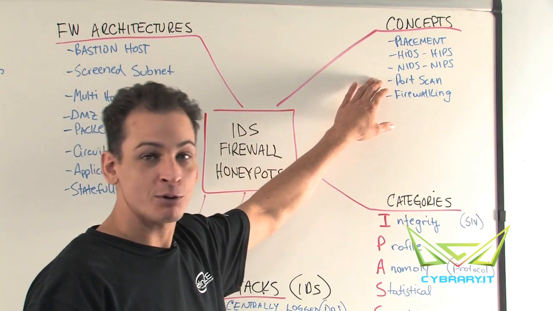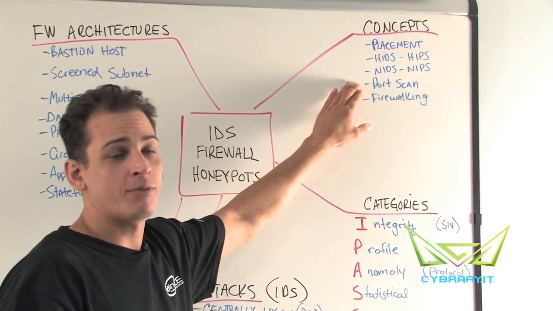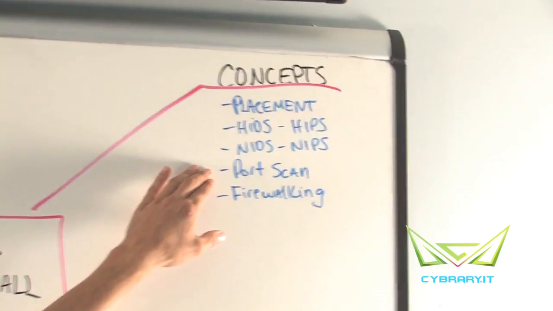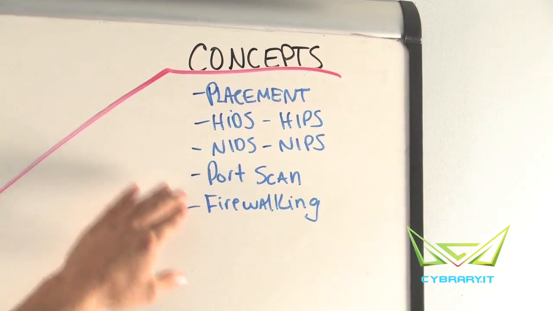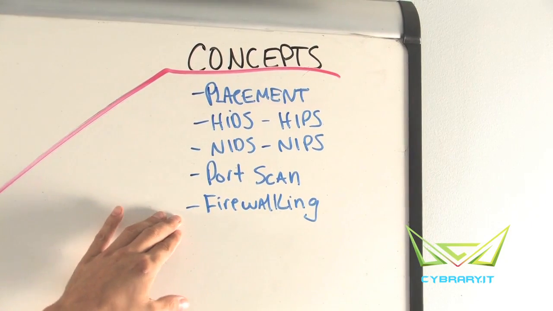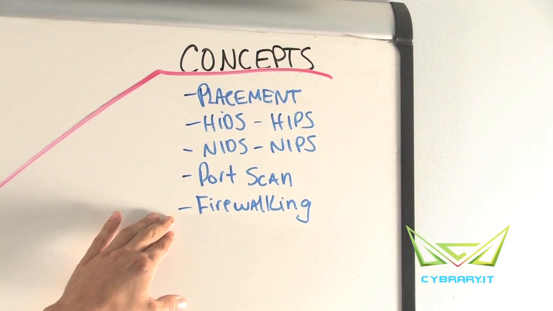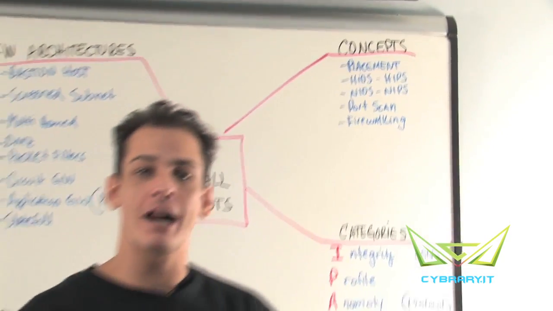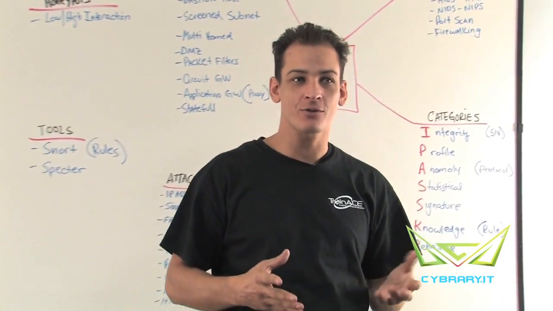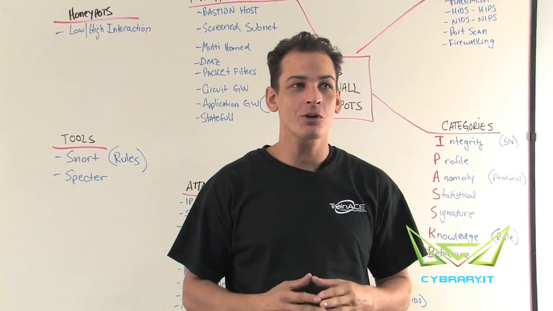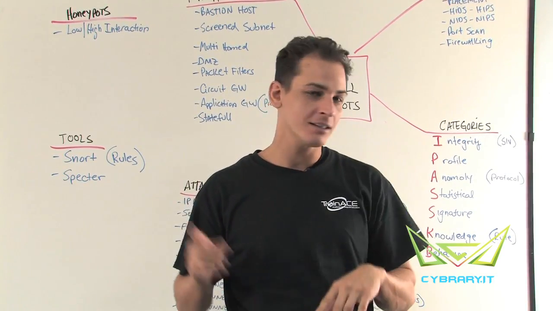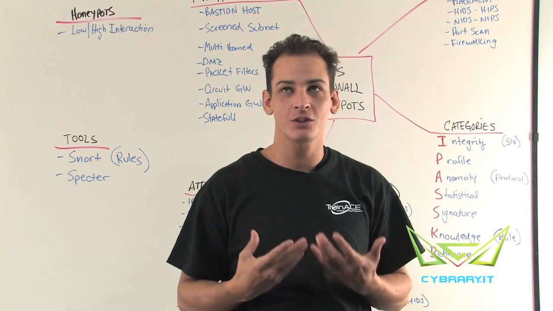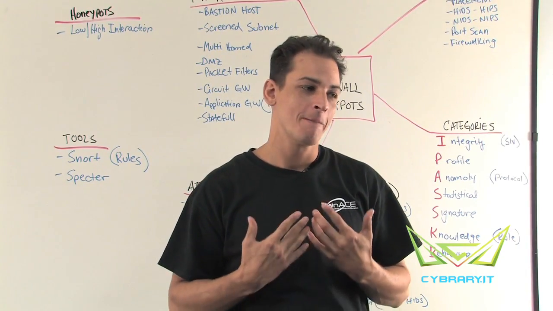Then we got the concept of a port scan. From a pen tester's point of view, we're obviously looking for hosts and ports and services to see what's available. Also, we want to find out what firewall rules are in place, and that's called firewalking. Well, having a defensive background in computer security for several years, I can assure you that people add tons and tons and tons of firewall rules to their firewalls, but very rarely do they review them to see what has been hit.